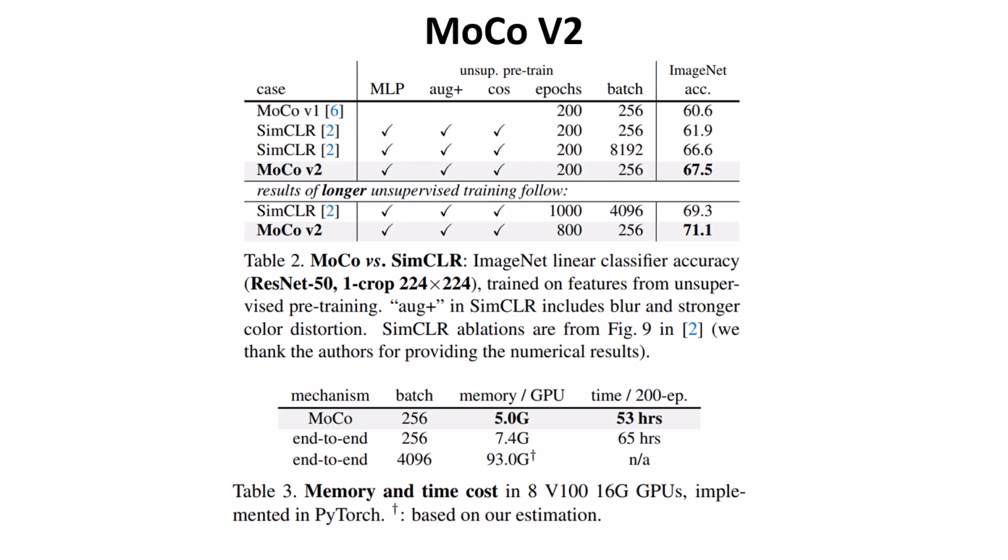But another interesting thing is this table at the bottom, which shows that since SimCLR is end-to-end, if we want larger batch sizes, we need more GPU memory just to make the performance better. But for MoCo, that is not an issue because we can have a small batch size but increase our dictionary size, and that's the advantage of using MoCo over SimCLR.